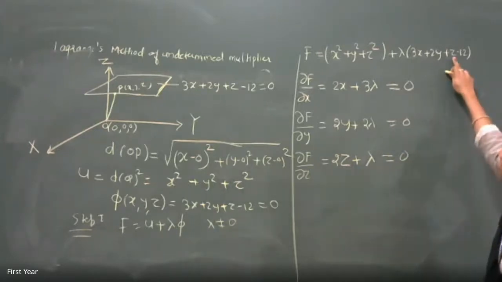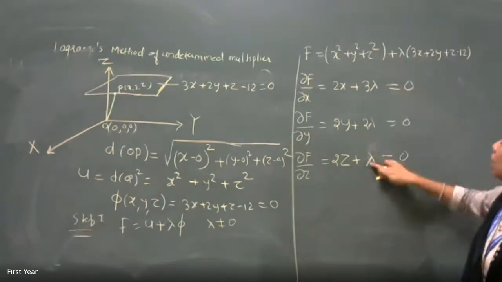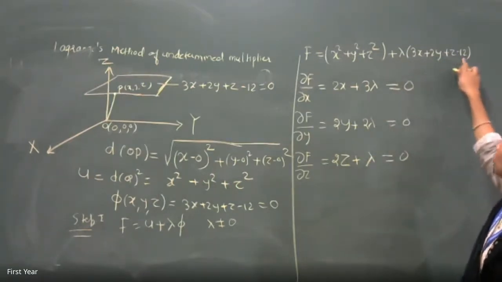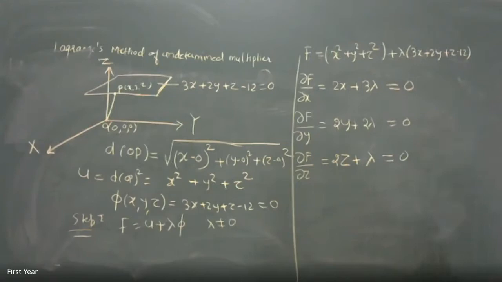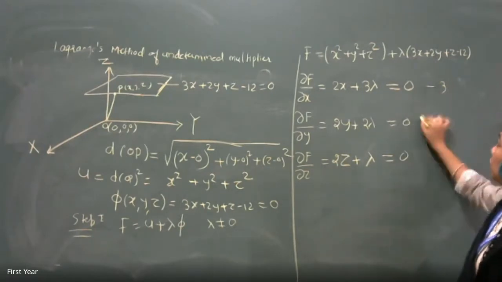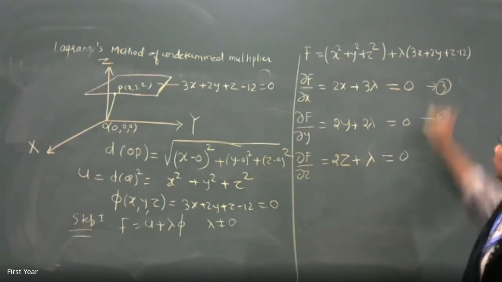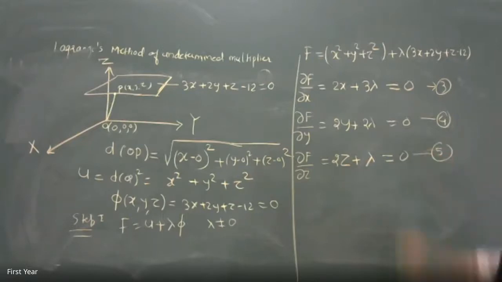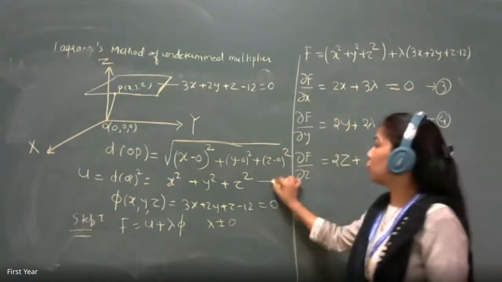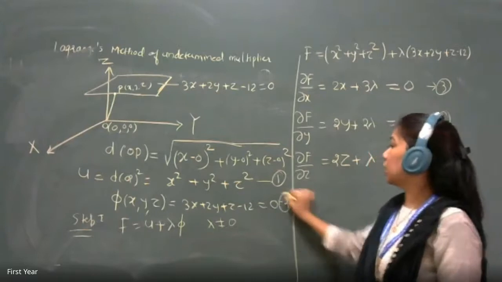Because z is present only with degree 1, the derivative of z with respect to z is 1, which is multiplied by lambda. x and y are constants, so their derivative is 0, and the derivative of the constant is also 0. So these are our equations 3, 4, and 5, and the first two equations are u and phi.